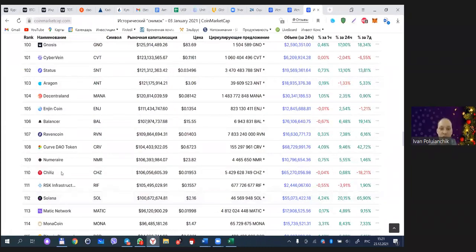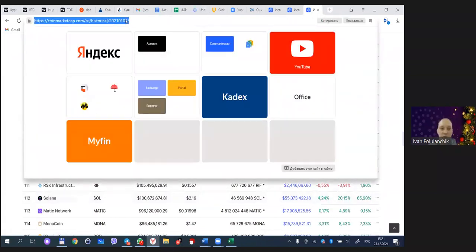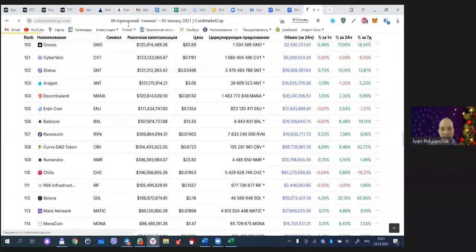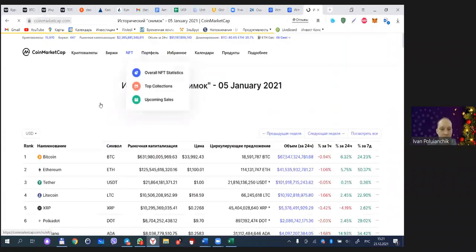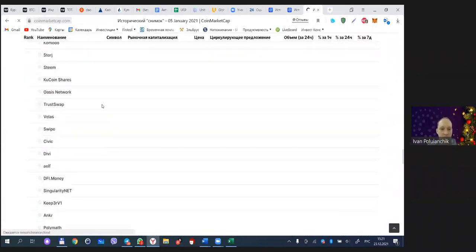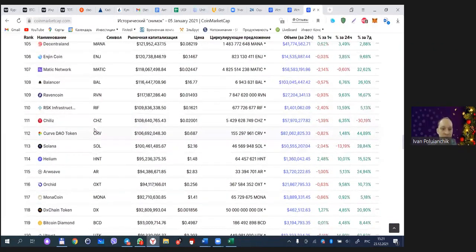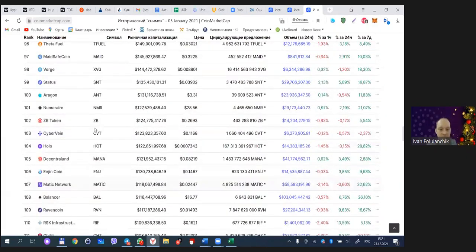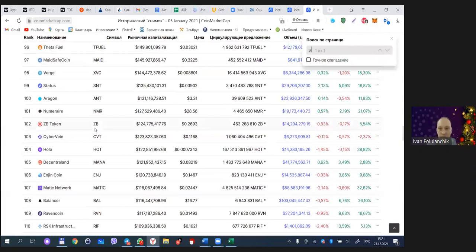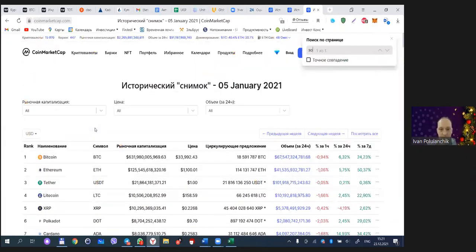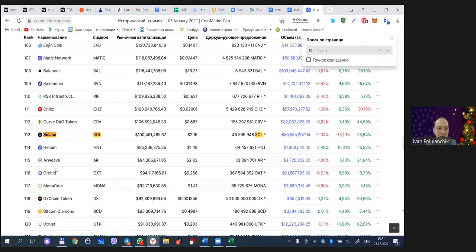Who could have predicted in early 2021 that this Solana coin would be such a success? But already in a couple of days, let's change it to the 5th of January. In a couple of days later, let's see Solana. So it's okay, it's 113th.